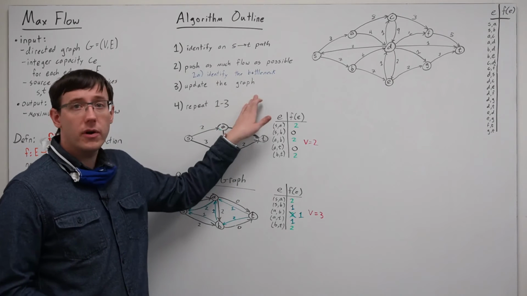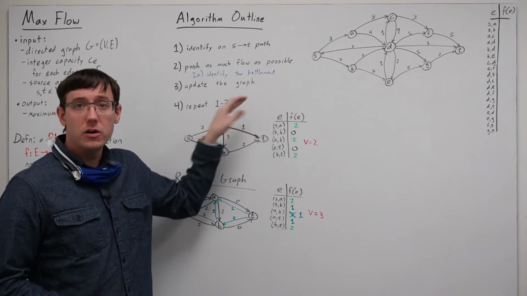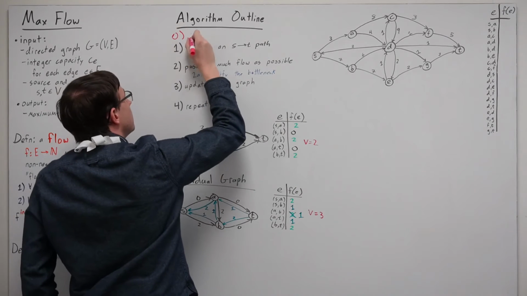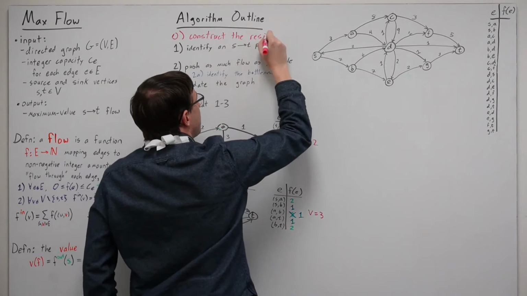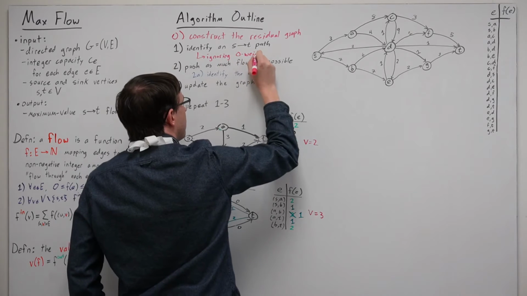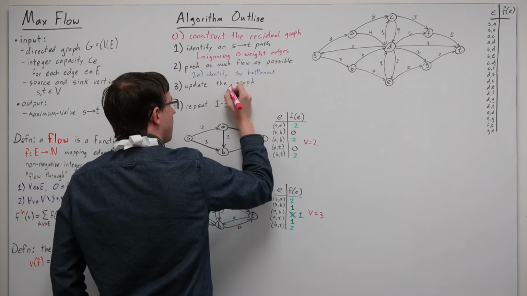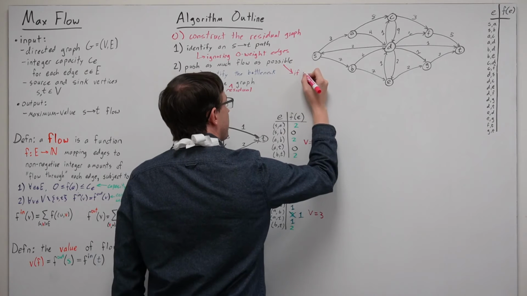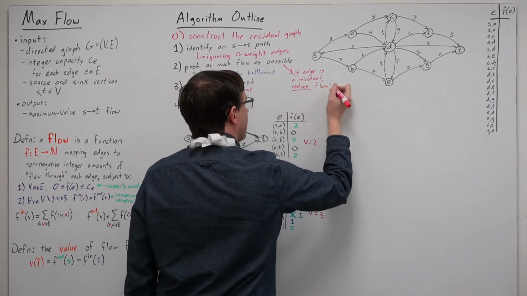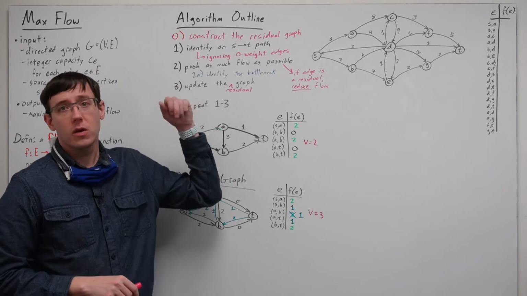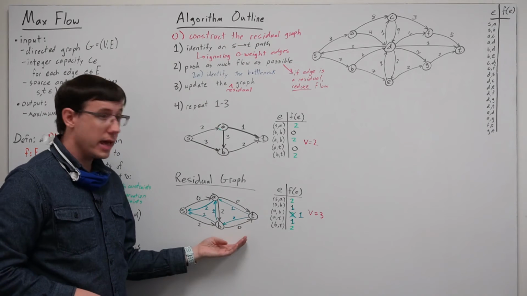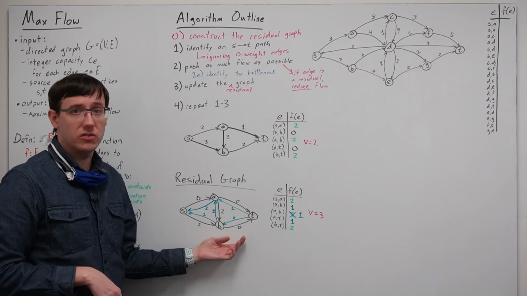So let's modify our algorithm outline to incorporate our residual graph. Before we begin, we have to initialize the residual graph by adding the back edges with capacity 0.